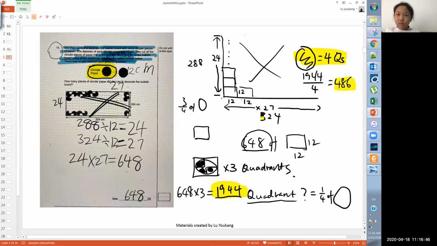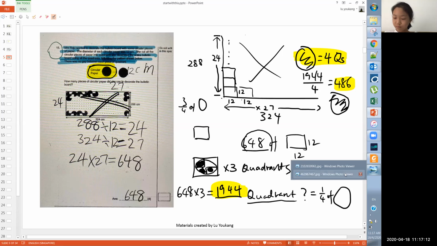So you need 486 pieces of circular paper. Okay? Next. For this question, you need to read the question carefully. Can I move on to the next question?